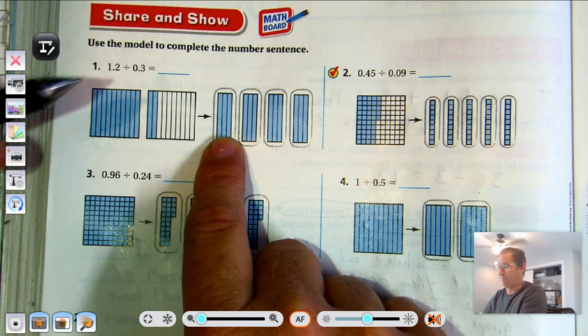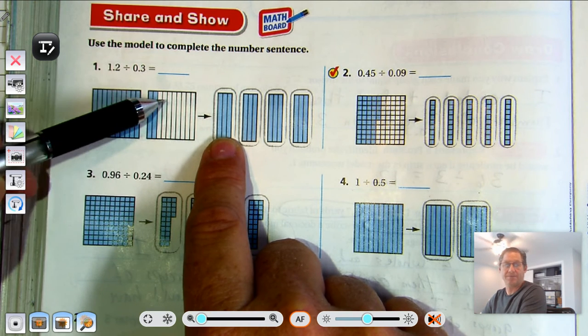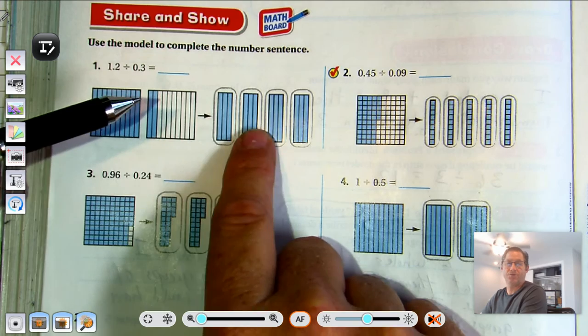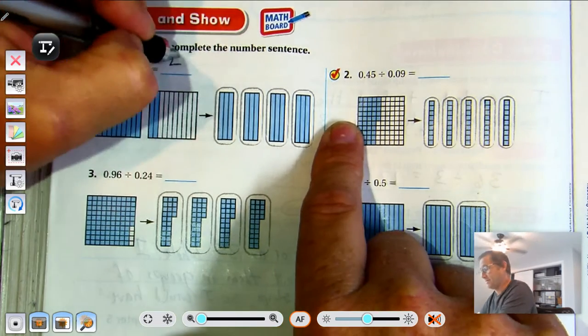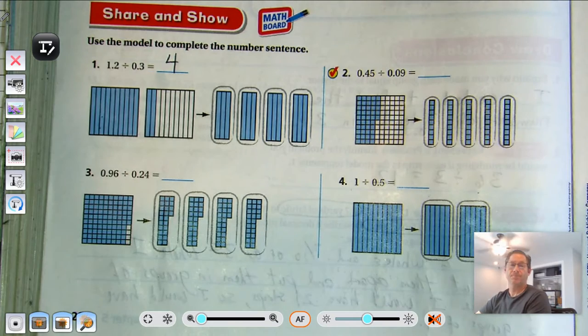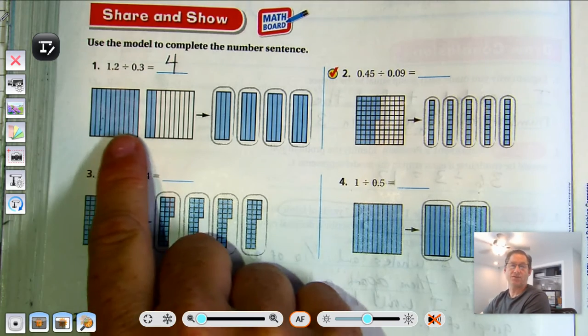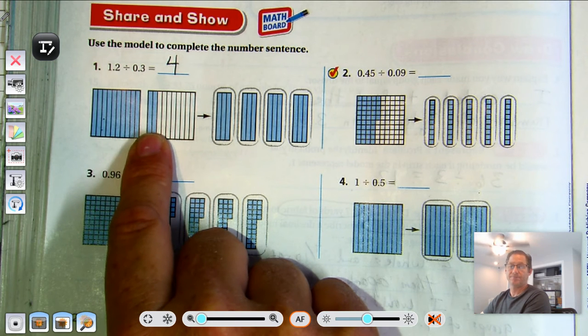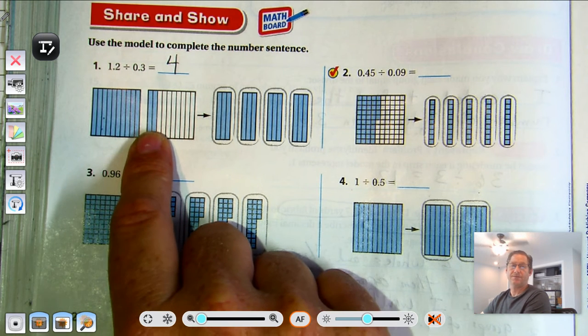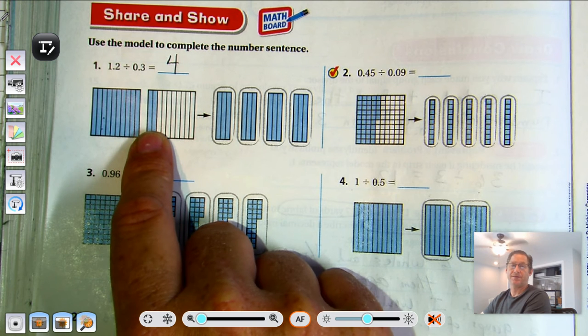So how many groups of 3/10 are in 1 and 2/10? 1, 2, 3, 4. 4 groups of 3. So basically we're looking at this as 12/10 divided by 3, 12/10 divided by 3 in each group.